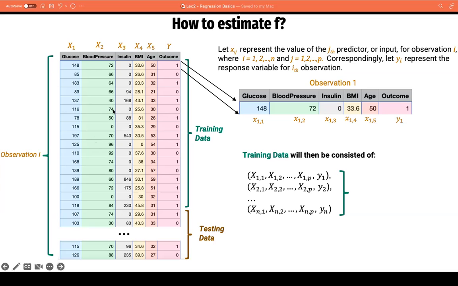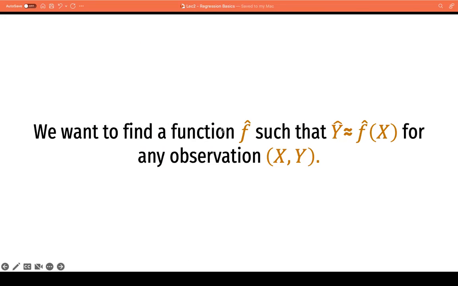We are simply representing these observations using this notation. Using this training data, we will apply a learning method such that we will be able to estimate f. So we want to find a function f hat such that y hat, which is the f hat of x, approximates y for any observation (x, y).